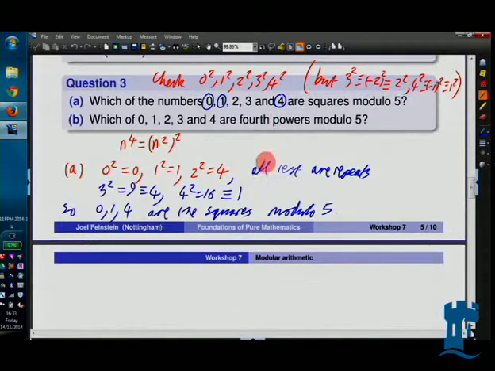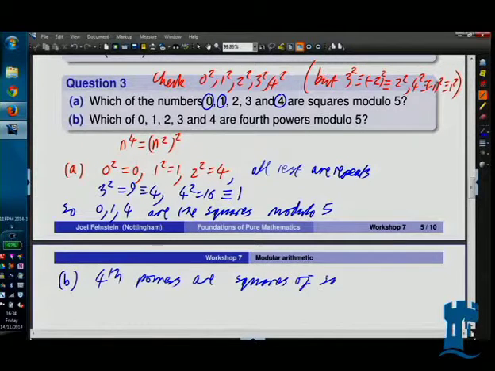So for B, you can either go through and take 4th powers of these numbers, and then you realise that you could just do 4th powers of 0, 1, and 2. Or you can square the squares. We know that the squares are only 0, 1, and 4, so you can square those. Either way, the 4th powers are squares of squares.